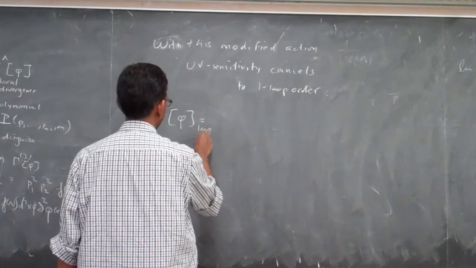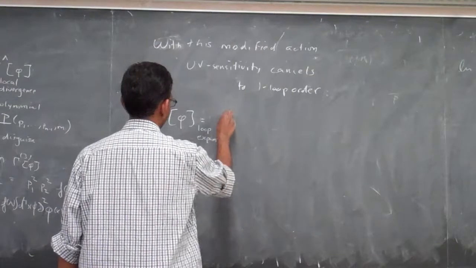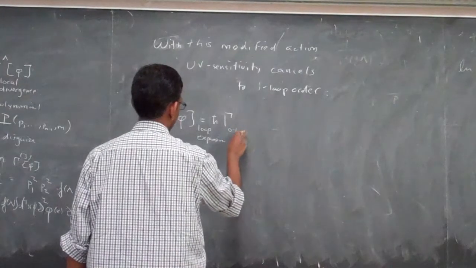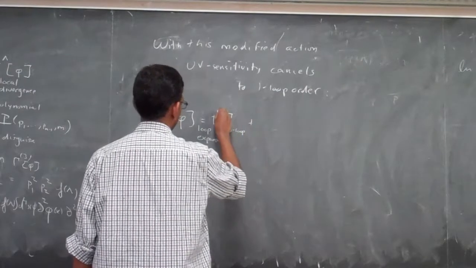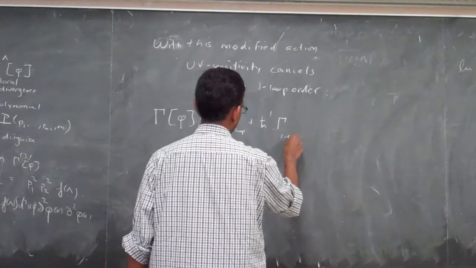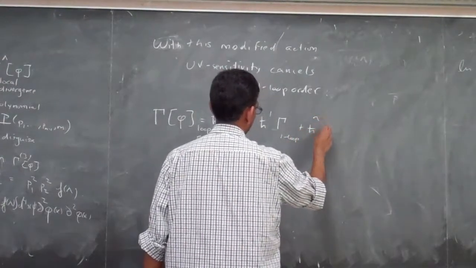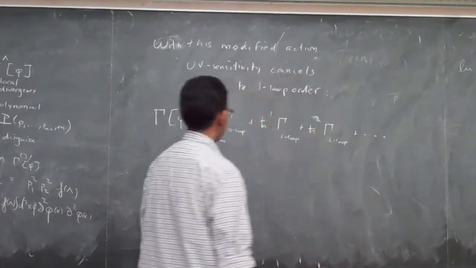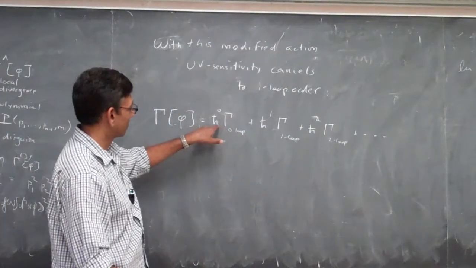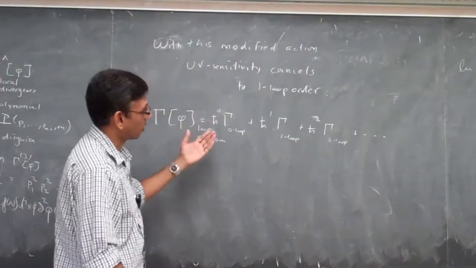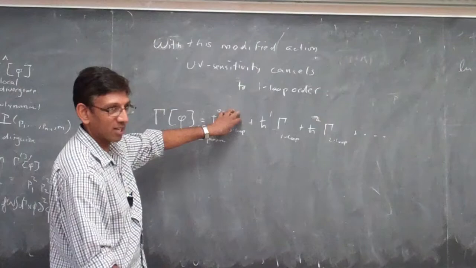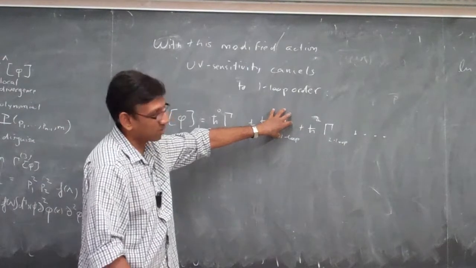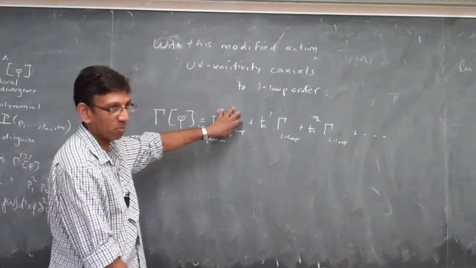a loop expansion. And you know that even if h bar is 1, this is really a code to say that a 4-point function inside here is going to be the loop counting parameter smaller, suppressed relative to the 4-point function here.